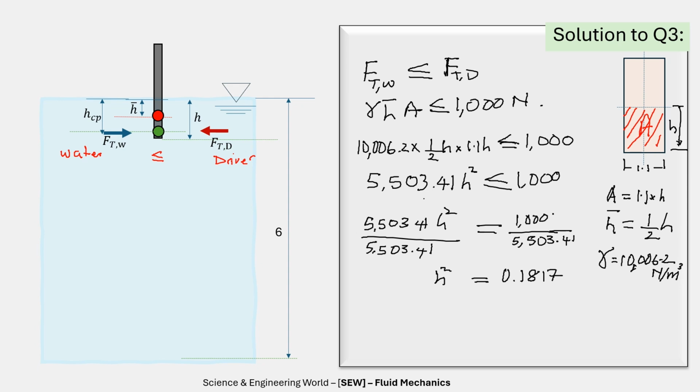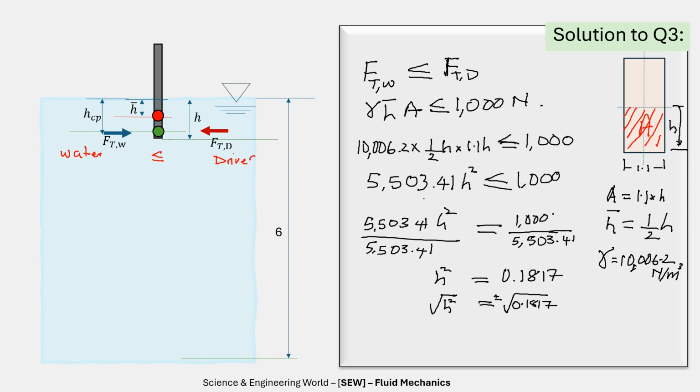Again, we need to find the square root of H squared to be able to find H, and we must do the same on the right hand side. So we say the square root of H squared will be equal to, we are going to have two roots here, so we can have plus or minus the square root of 0.1817.